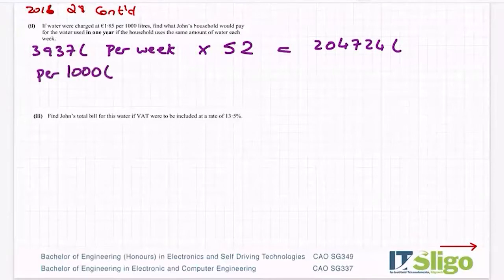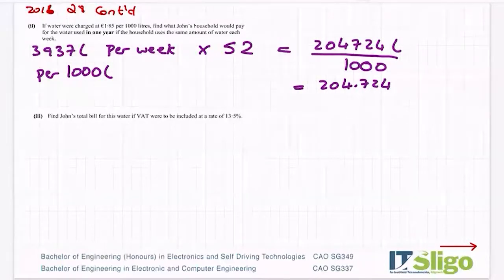Okay, now it's per 1,000 litres. So you divide this by 1,000, and it's kind of like to see how many bundles of 1,000 litres you have. So you're getting 204.724 bundles of 1,000 litres, and you do that because the cost is per 1,000 litres.